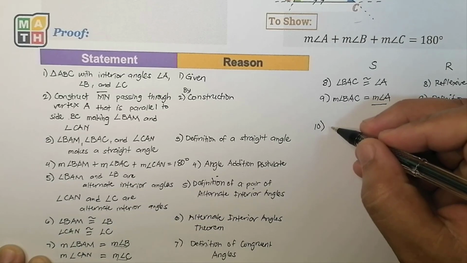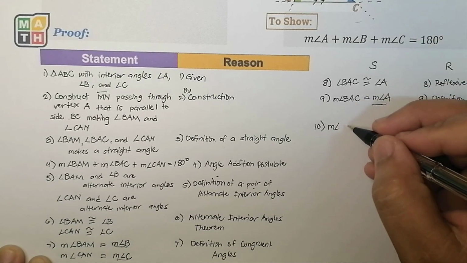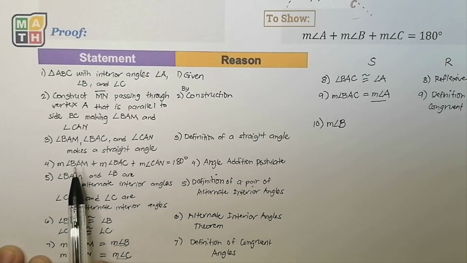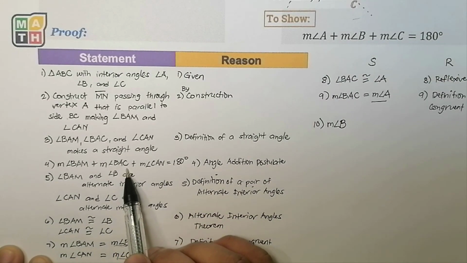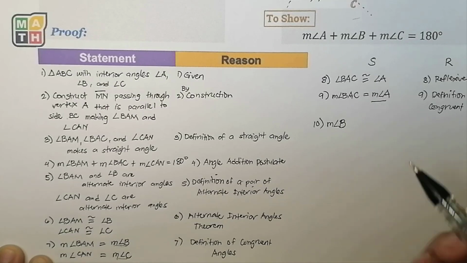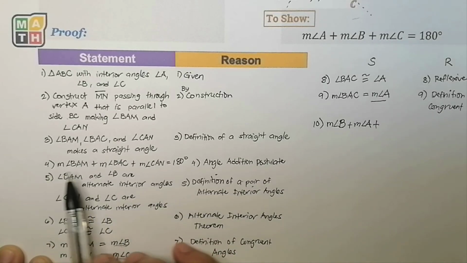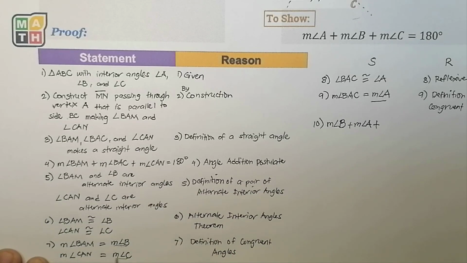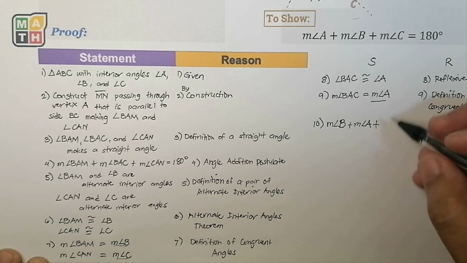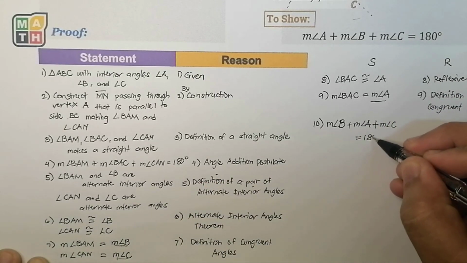The measurement of angle BAM is now the measurement of angle B. Then, the measurement of angle BAC is actually the measurement of angle A, plus statement number 4's last angle, the measurement of angle CAN, which is actually now given to us as angle C. The measurement of angle C is equal to, just simply copy, 180 degrees.